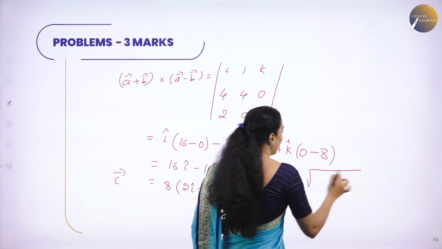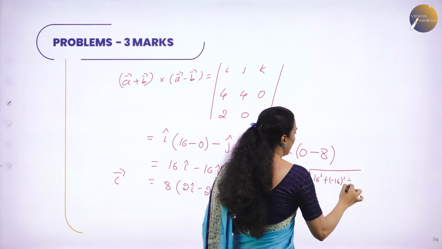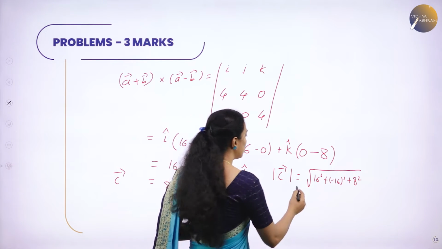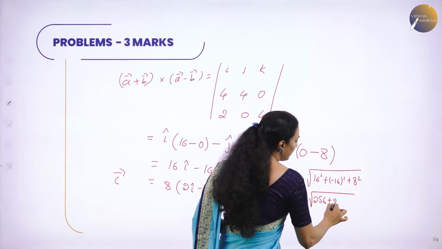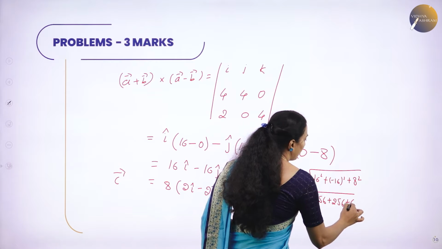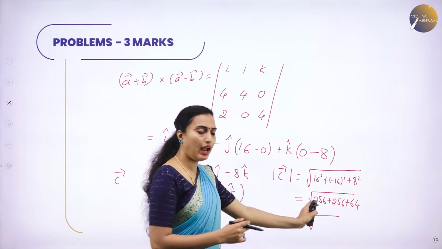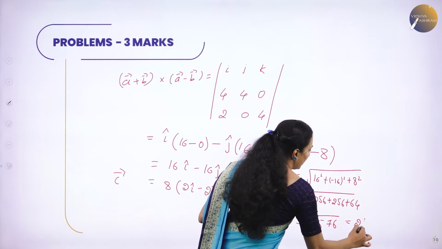It is the square root of 16 squared plus minus 16 squared plus 8 squared. 16 squared is 256, plus 256, plus 64. By adding that, you get the square root of 576, which is nothing but 24.